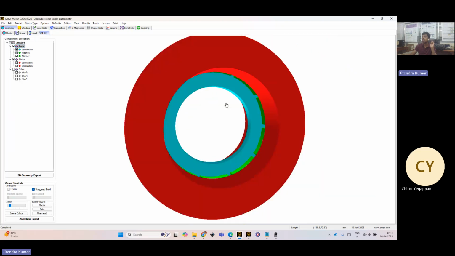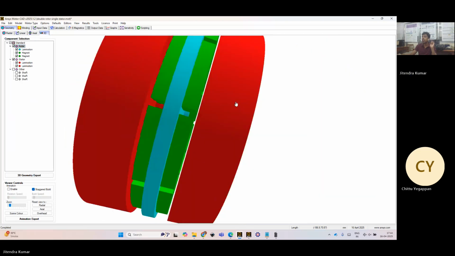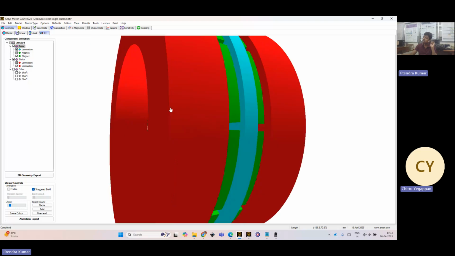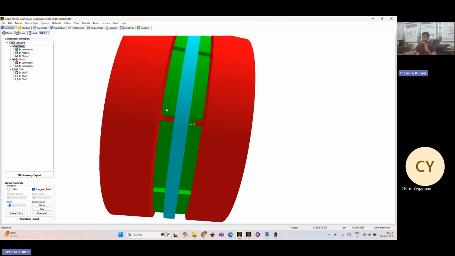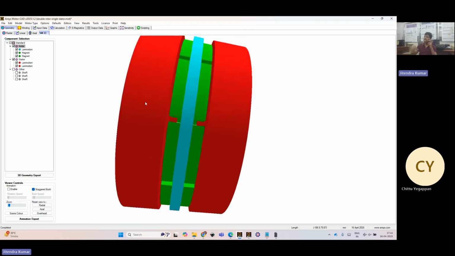Again, the magnets will be on both sides of the single rotor, and the stator will be supplying MMF from both sides.